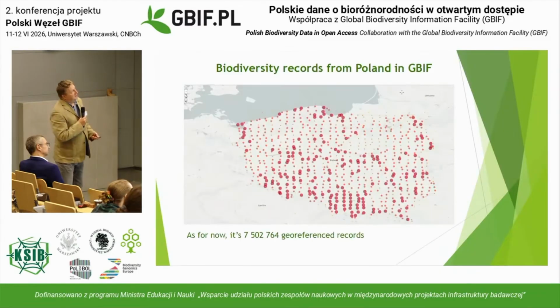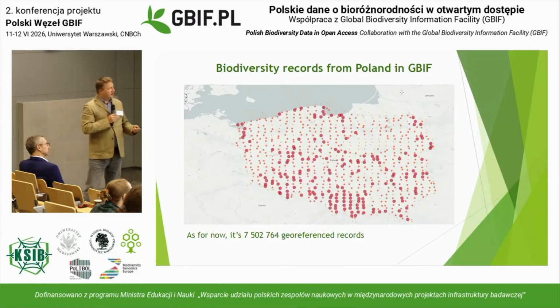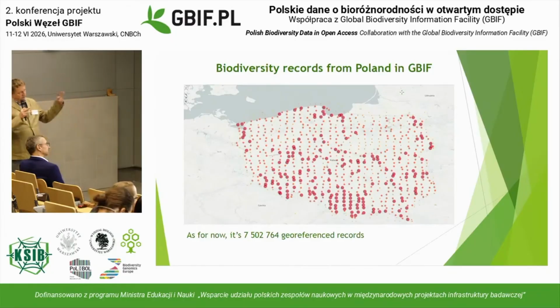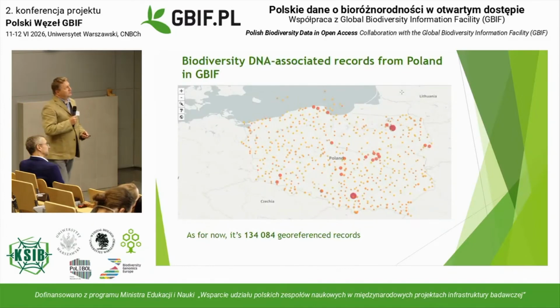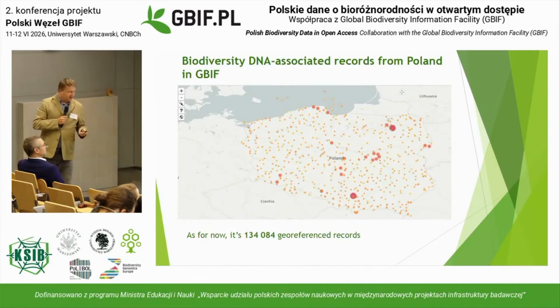So if it comes to Poland, I just checked recently that in GBIF we have around 7.5 million georeferenced records regarding biodiversity, and that's more or less the distribution. But the biodiversity DNA-associated records from Poland are, of course, far fewer.